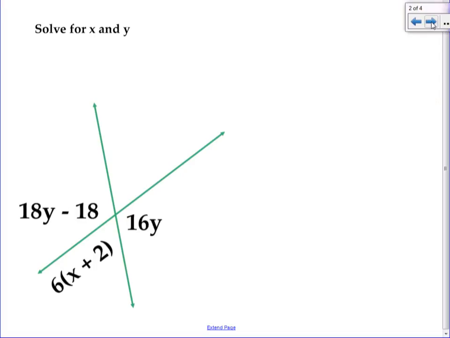So if we know those properties, what are some algebra equations we could set up from this picture? Yep, 18y minus 18 equals 16y. Perfect. What's another equation we could write? Yeah, 18y minus 18 plus 6x equals 2x plus 9.